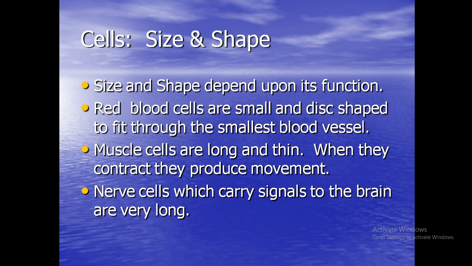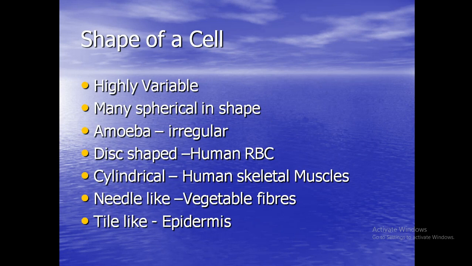If you see the muscle cells, they are also long and thin, because that is meant for contraction. The contraction of muscle cells bring the movement. Even the nerve cells, which carry the signals to the brain or different parts of the body, are also very long, because they have to conduct the impulses.